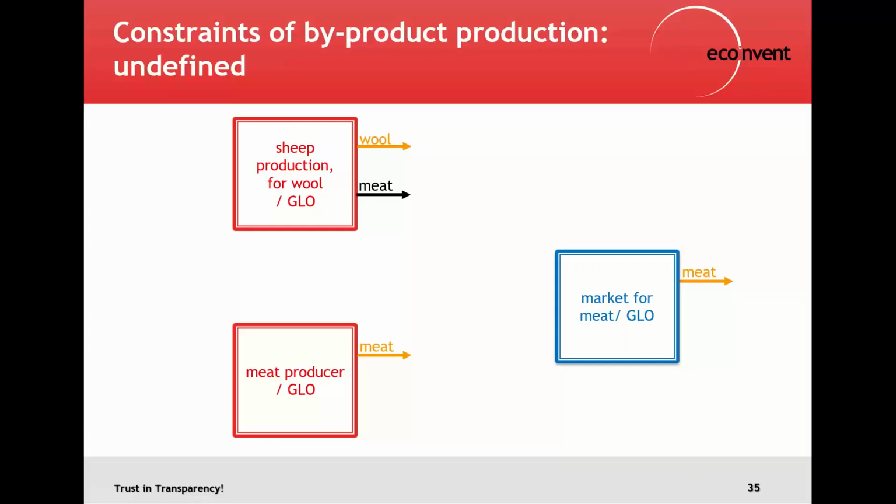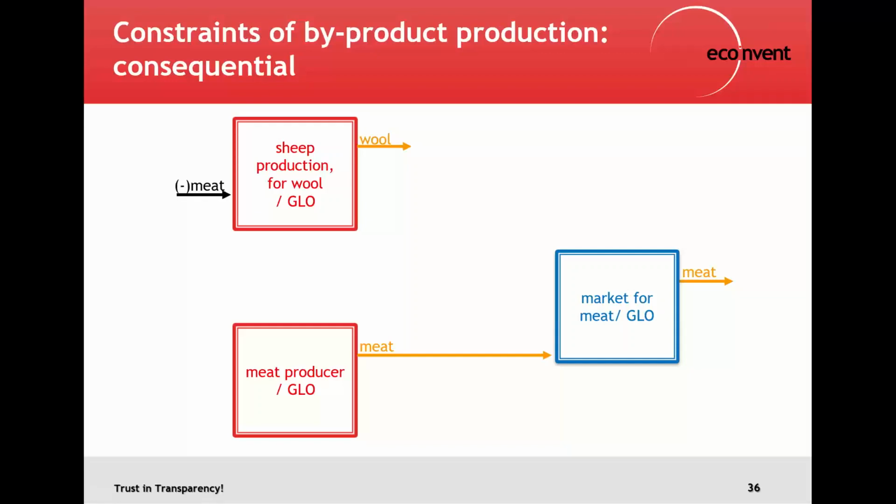That's the one we say is unconstrained. That's a marginal supplier, and it can react to changes in the demand of meat. So that means that the meat producer is the only supplier to the meat market, and as I said, is the only one that can react to changes in the demand of meat.